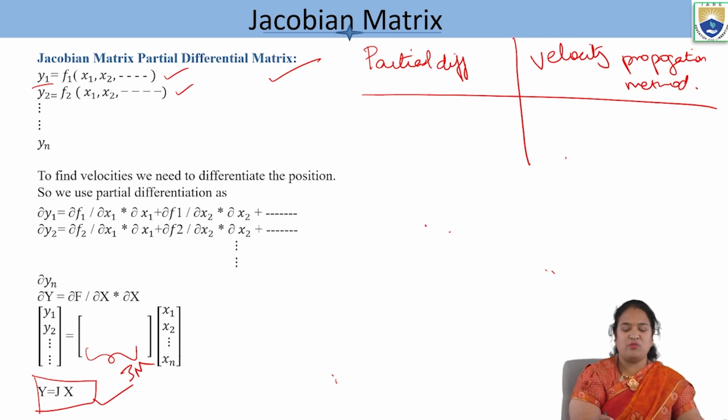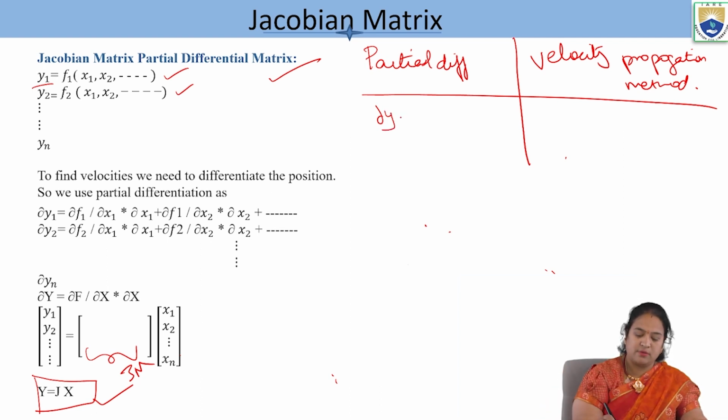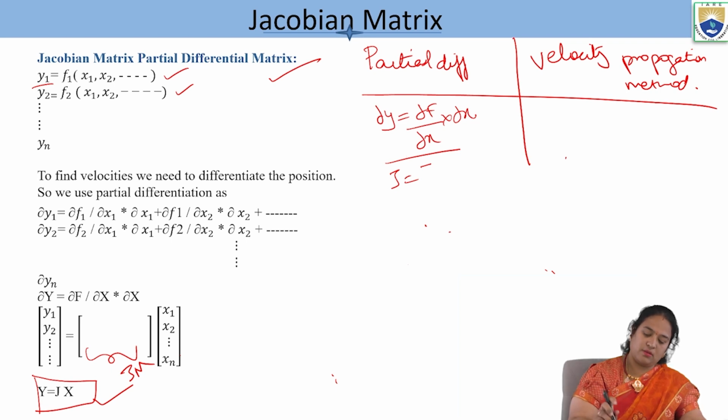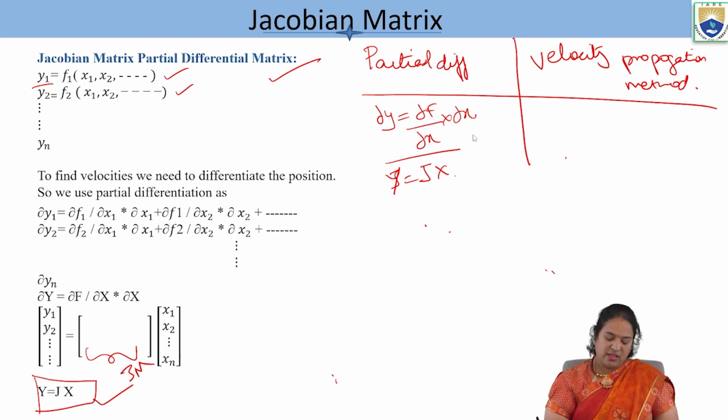In partial differentiation, we are differentiating the equation, that is dou y is equal to dou f by dou x into dou x. This is how we write y is equal to J into x, and this is how we determine the Jacobian matrix with the partial differentiation method.